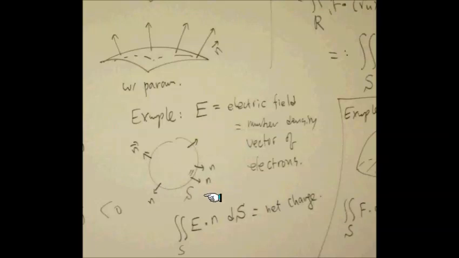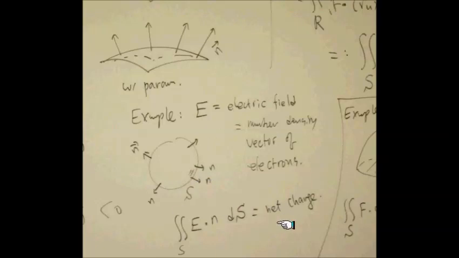Once you have a parameterization that is pointing outward like this, or if you want to change it, you can change it. We'll see it later, but understand that the parameterization comes with this orientation. Then computing this surface integral of the vector field will tell how many electrons are going outside or inside.